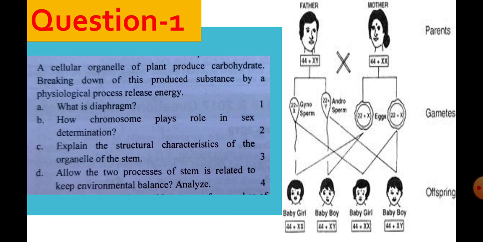To be a boy or girl baby, we have to inherit specific chromosomes from our father and mother. So these 2 chromosomes, known as sex chromosomes, determine the sex of the baby, and whether a baby will be a boy or girl is determined by the chromosomes from father and mother.